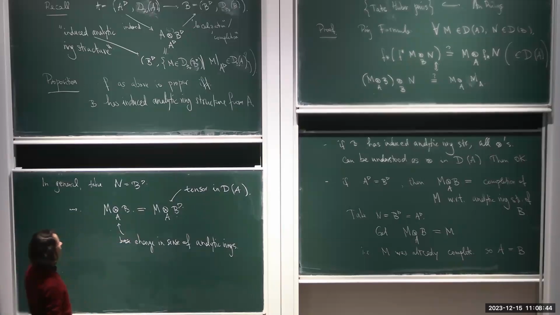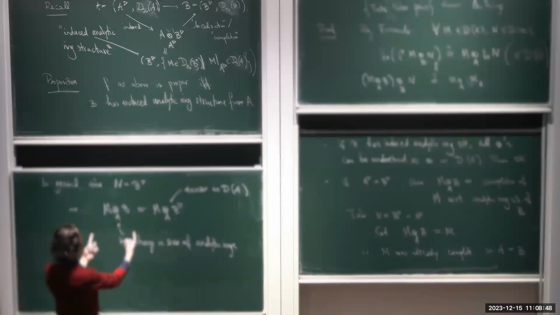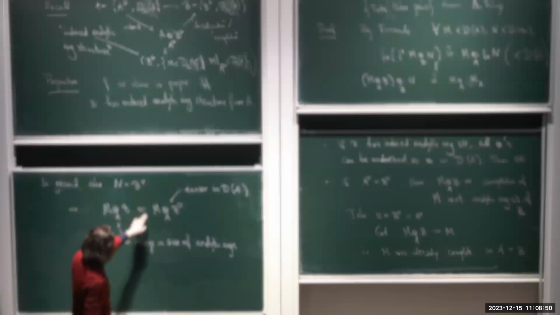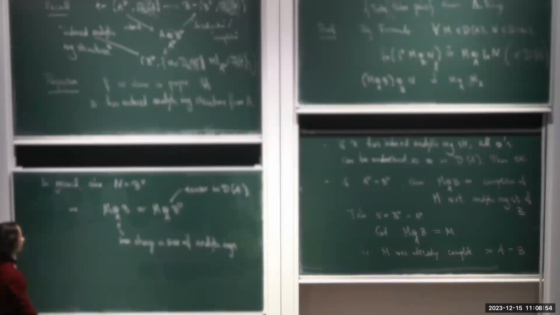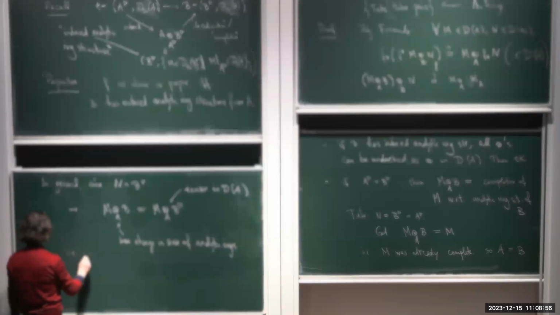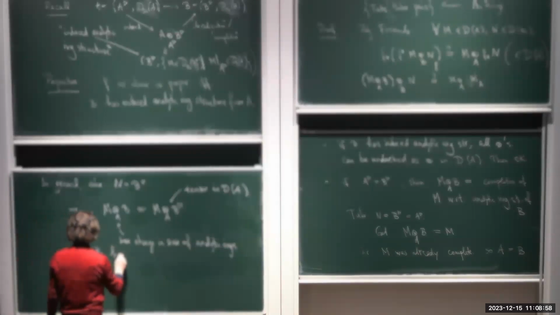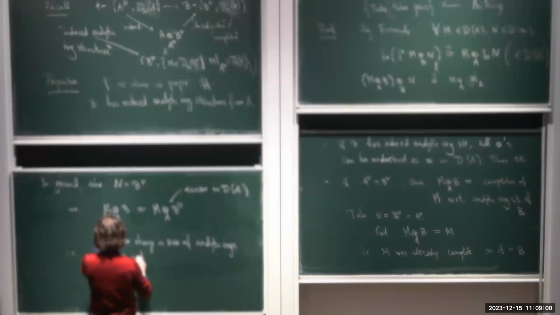So you get this equation where the tensors have these meanings, and that the base change in the sense of analytic rings is just the tensor in D(A) is precisely saying that this must be an induced analytic ring structure.